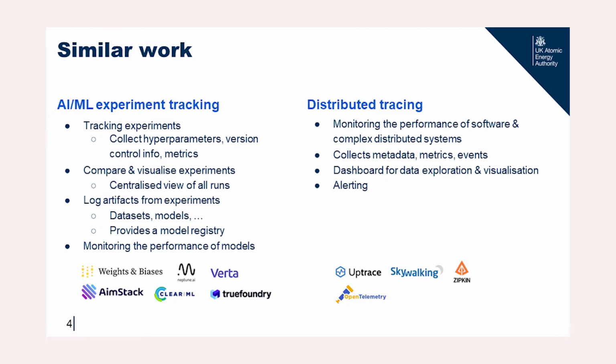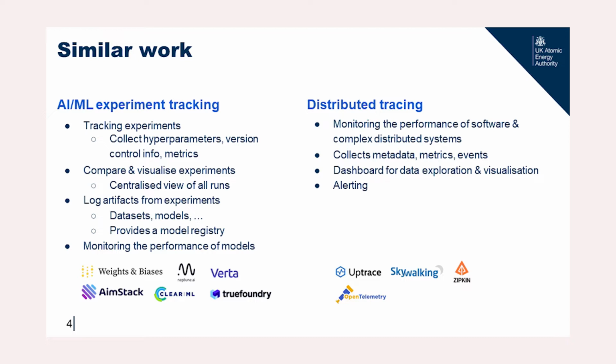Then it provides a dashboard that gives a centralized view of everything, and you can search for things, do comparisons between different experiments, and understand what you're doing. It also can collect artifacts, for example data sets and the output models, and provides a model registry so people can keep track of all of the different models that they're generating. And then after that, it helps people monitor their models in production when they're actually being used.